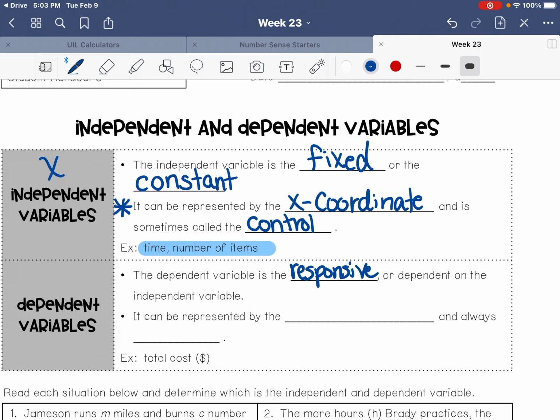If you don't buy any socks, it won't cost you any money. So the amount of money you spend will depend on the number of socks you buy. It should be represented by the y coordinate.